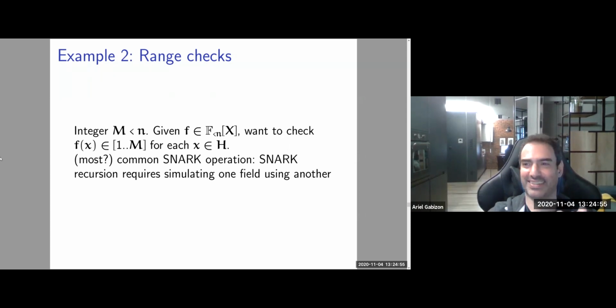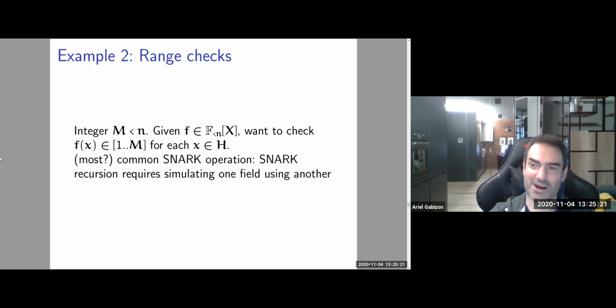And typically how you do this is you decompose your elements of FR into these smaller limbs such that the product will not wrap around P, so you can simulate their product without being worried about the reduction being the wrong modulus.